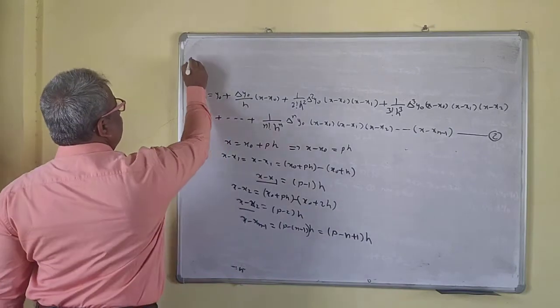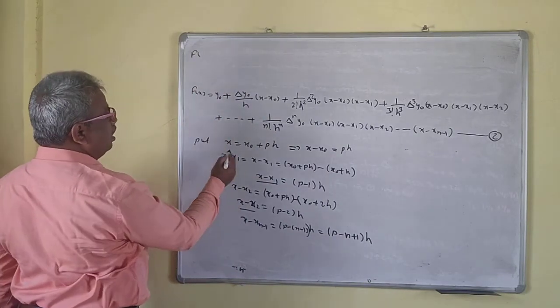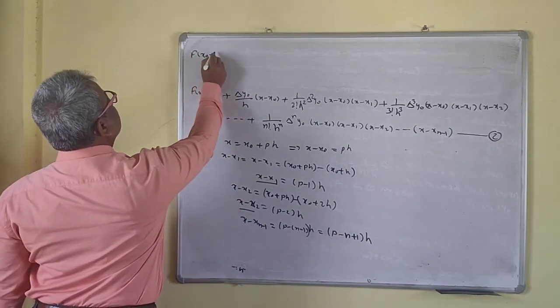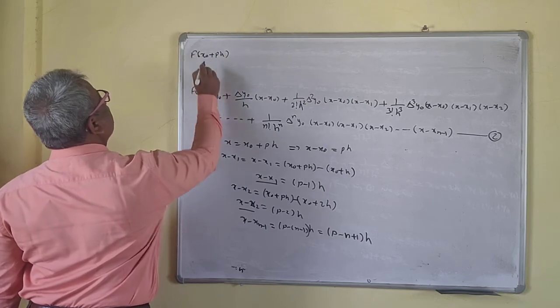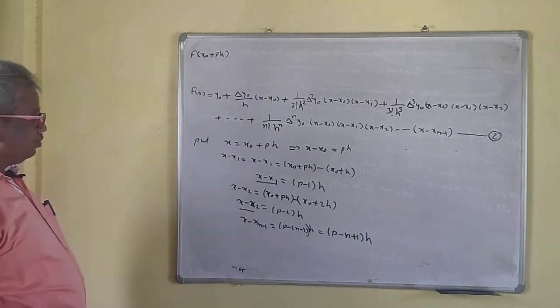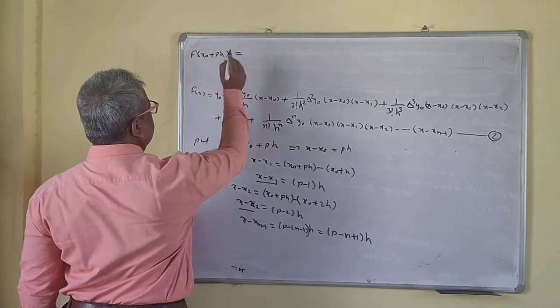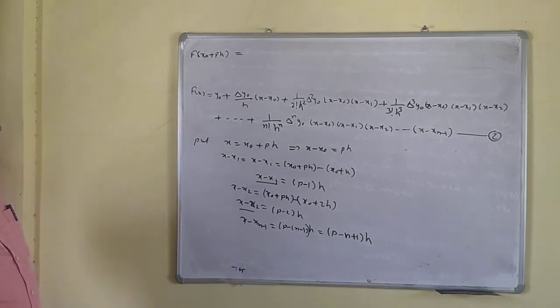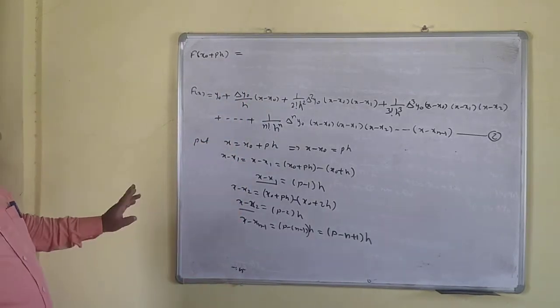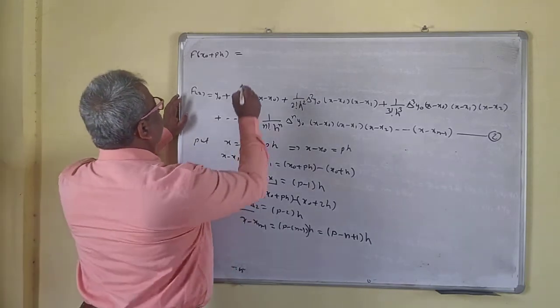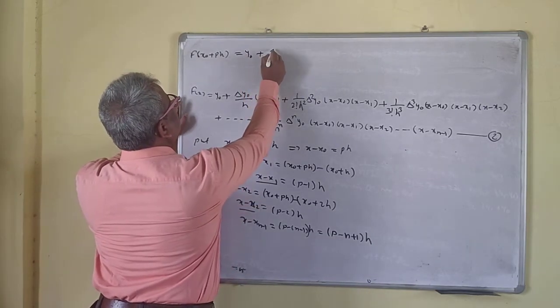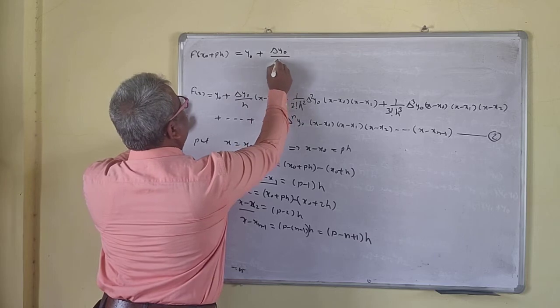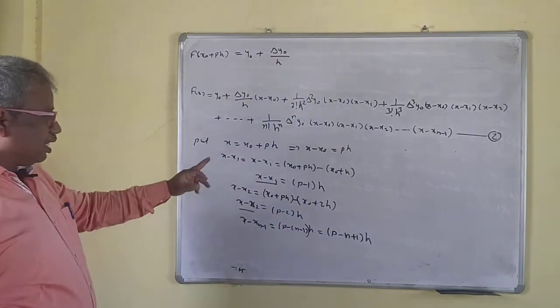So f of x, that is x0 plus ph, this is very important. x0 plus ph is equal to, I can write that f of x, no problem for this one. Now y0 will be as it is. Then del y0 upon h, and x minus x0 is ph.